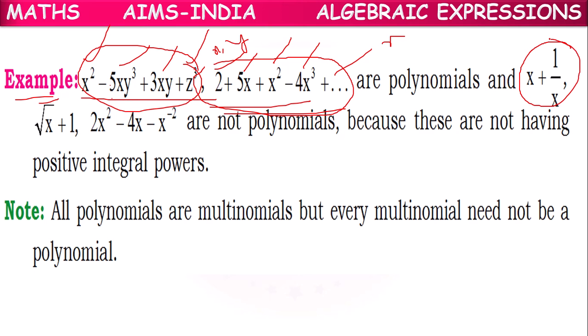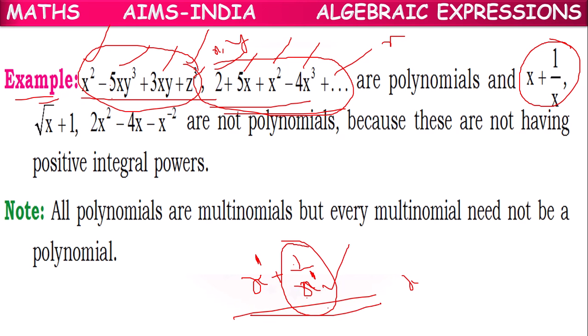Here, x plus 1 by x. Here x has power 1, and 1 by x means x power 1 in the denominator. Whenever we have a variable in the denominator, it is not a polynomial, because if it goes upside, x power 1 will become x power minus 1.